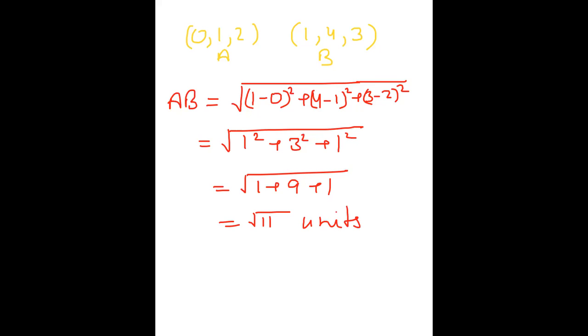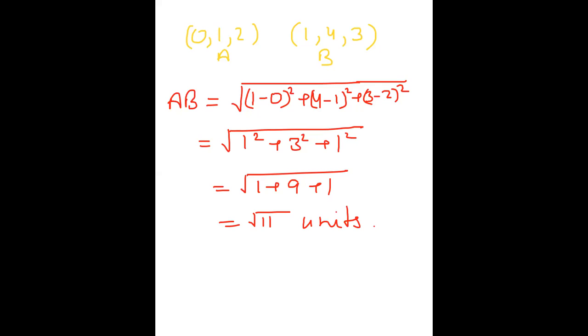This is the distance between the given 2 points AB. It is square root 11 units. So we have got idea.